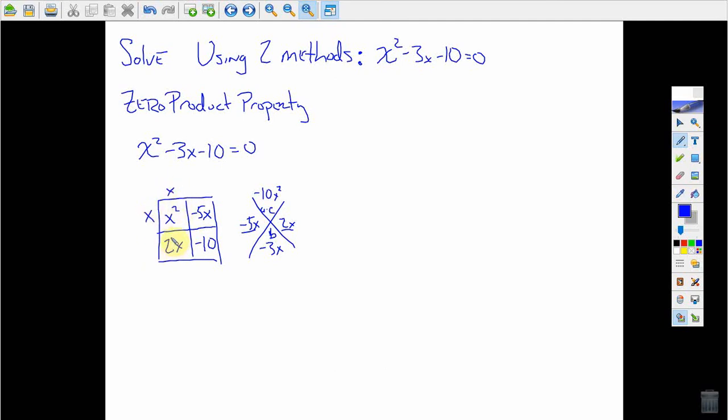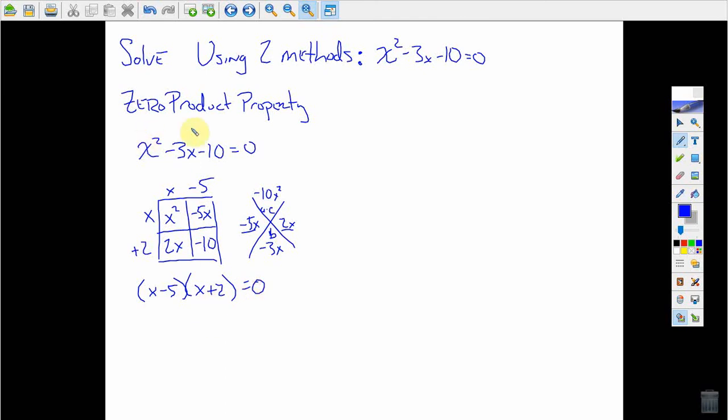That's going to be our starting point. And we say what times x gives us negative 5? Well, that's negative 5. Negative 5 times x gives negative 5x. And then what times x gives us 2x, so that's going to be plus 2. So this factors into x minus 5 times x plus 2 equals 0.